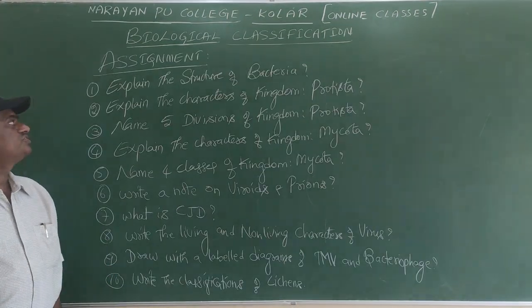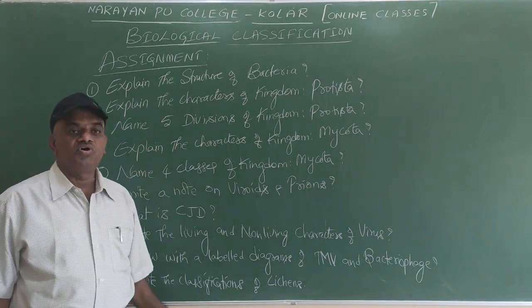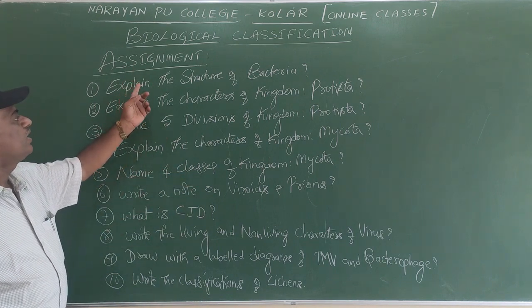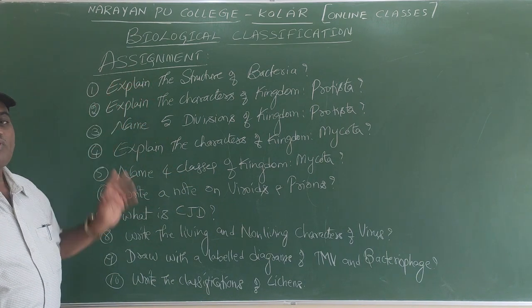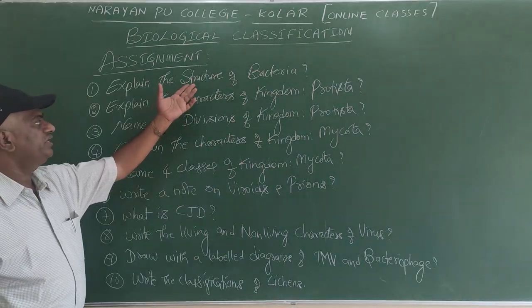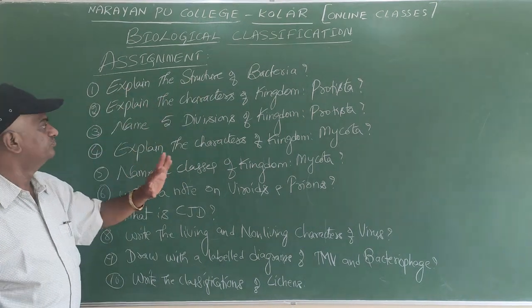Students, we will go for the next assignment questions. For this chapter, I am giving you some more assignment questions. First question: explain the structure of bacteria, with a labeled diagram.